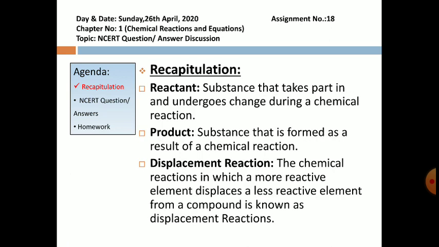Reactant: a substance that takes part in and undergoes a change during a chemical reaction. Product: a substance that is formed as a result of a chemical reaction. Displacement reaction: a chemical reaction in which a more reactive element displaces a less reactive element from a compound.